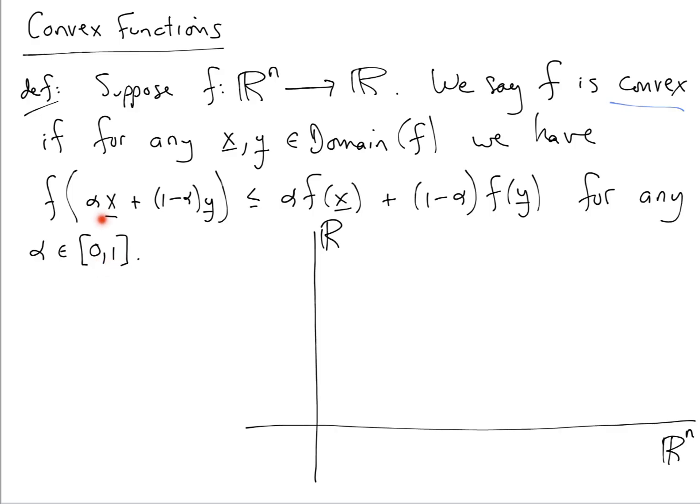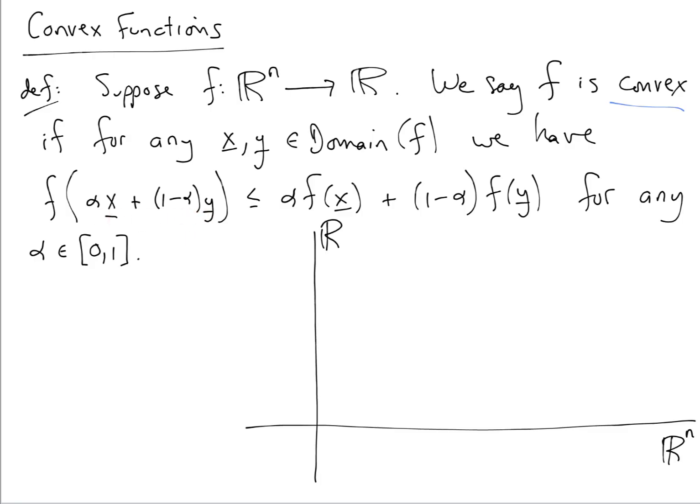Think of that as a weight for taking a weighted average of x and y. If alpha is 1/2, this expression in these round brackets would be 1/2 x plus 1/2 y, the average of x and y. If it's something other than a half, it's just a weighted average that gives some more weight to one of the x or y than the other.